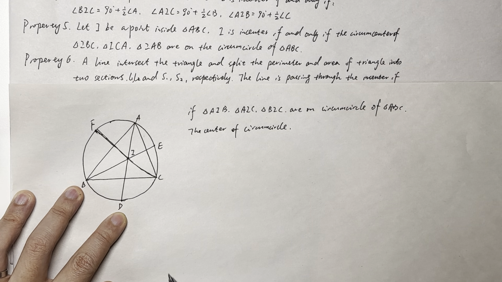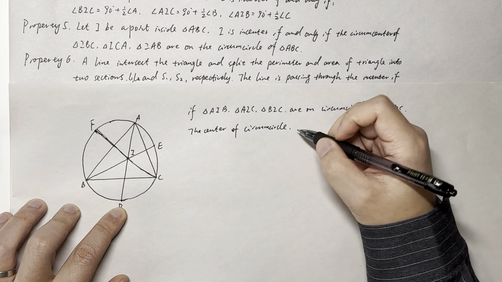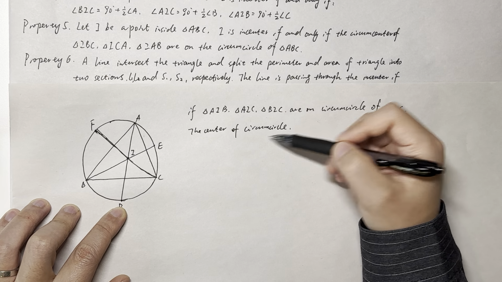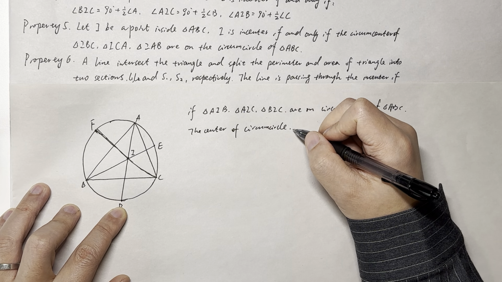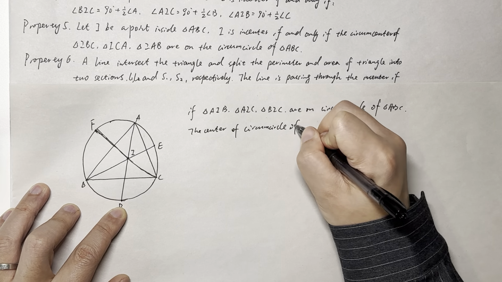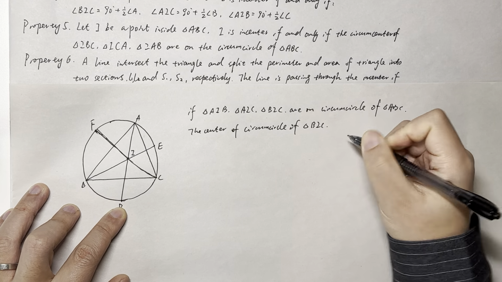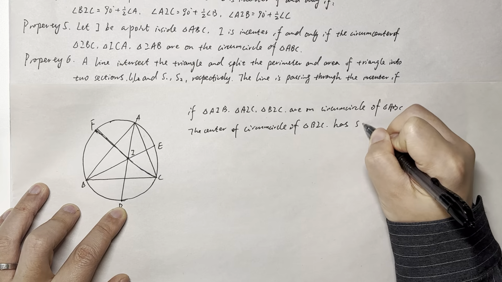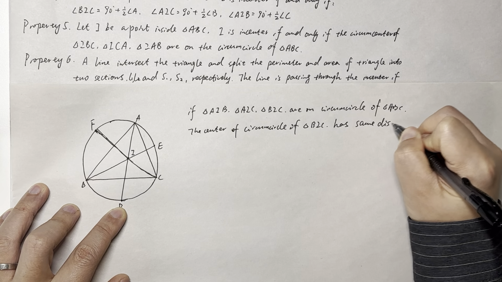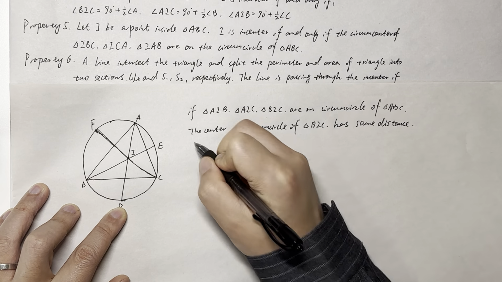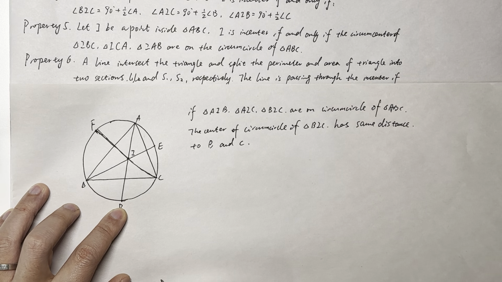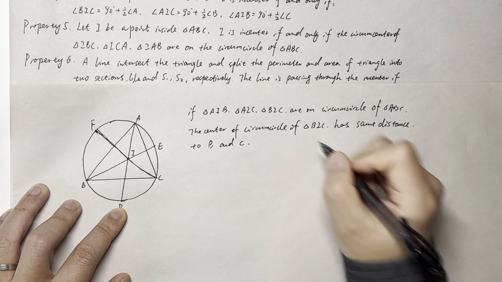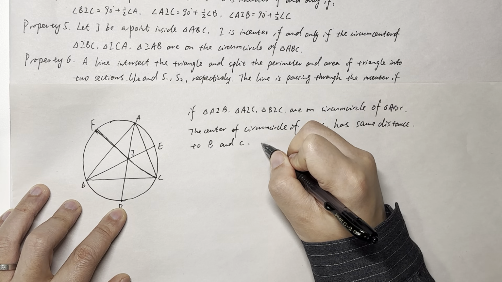And we also know that the center of the circumcircle of triangle BIC has the same distance to B and C, right? Which means this center is a midpoint.